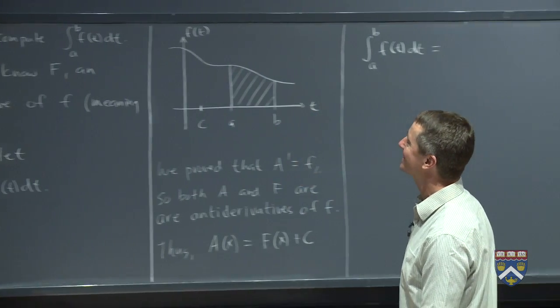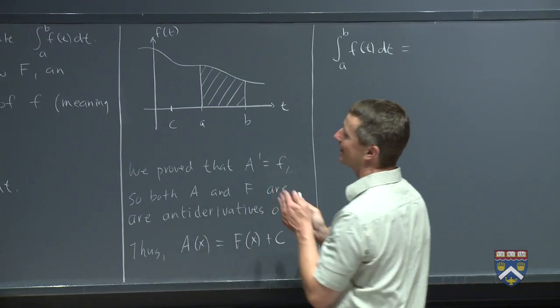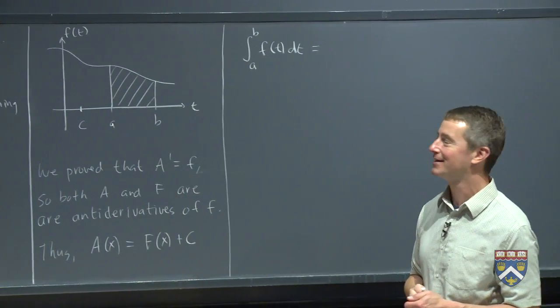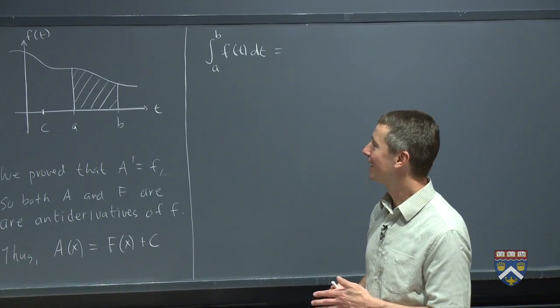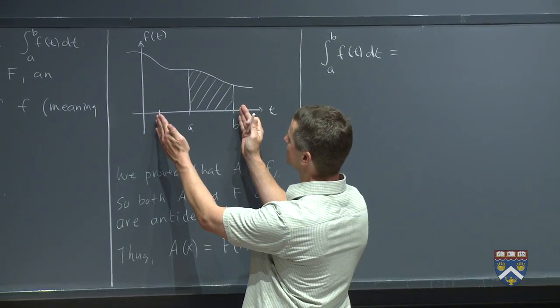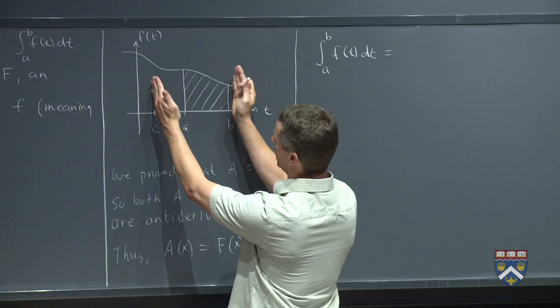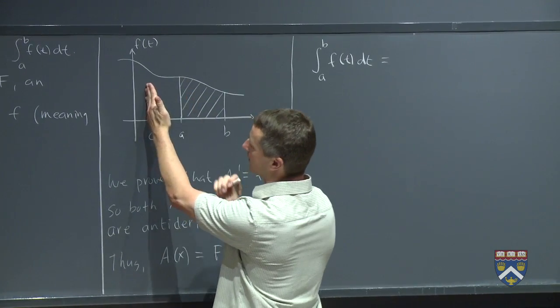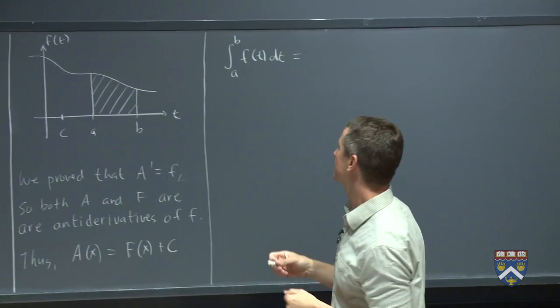How can I write the area between a and b in terms of my area function, capital A? I can say I find the area from c to b, this whole area, and then subtract off the area from c to a, just like we did in that previous example.